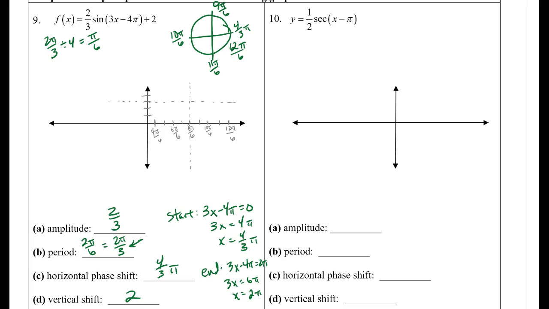Alright. So the reason why it was important to mark all those little points, and especially these little imaginary lines, this is my new origin right here in the middle. Since it's a sine graph, we know that sine starts at 0.